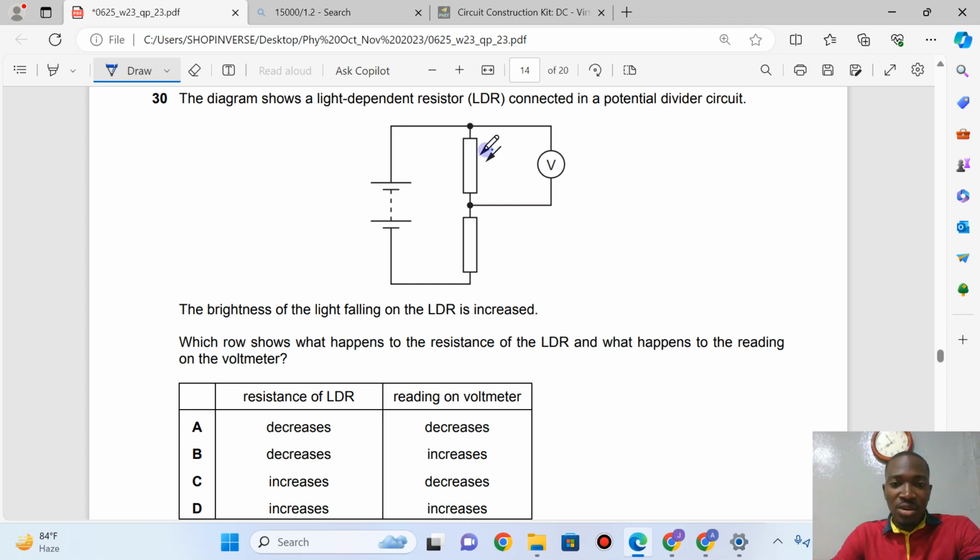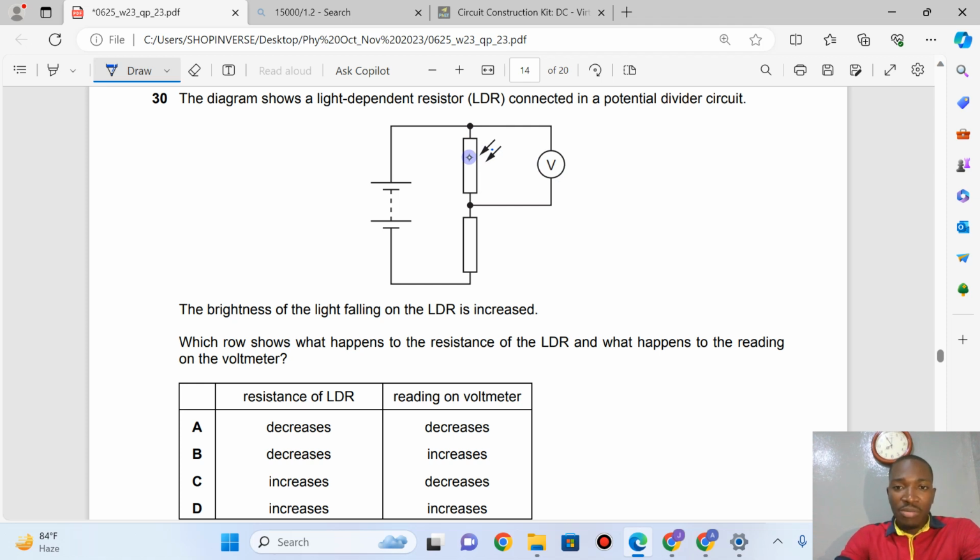But when the light shining on it is dull, the resistance becomes high. So now let's focus on the situation whereby the light shining on it is bright. When bright light shines on this, resistance will reduce. Do not forget that from the voltage divider principle, when the resistance here drops, the voltage here will be lower.